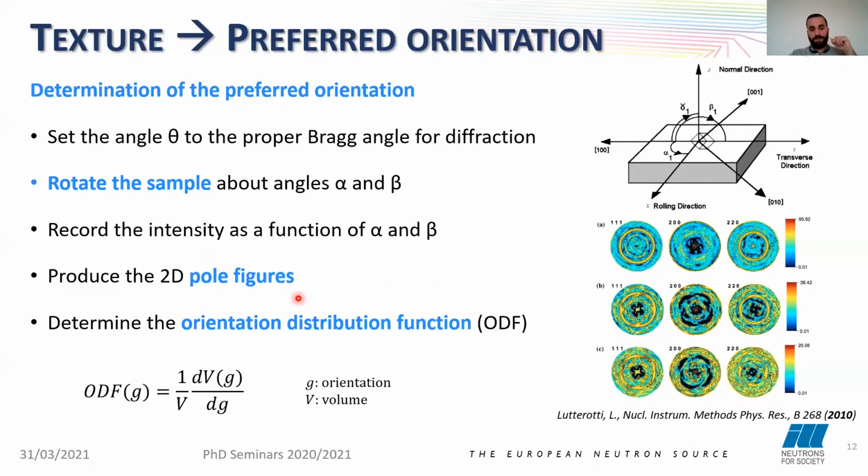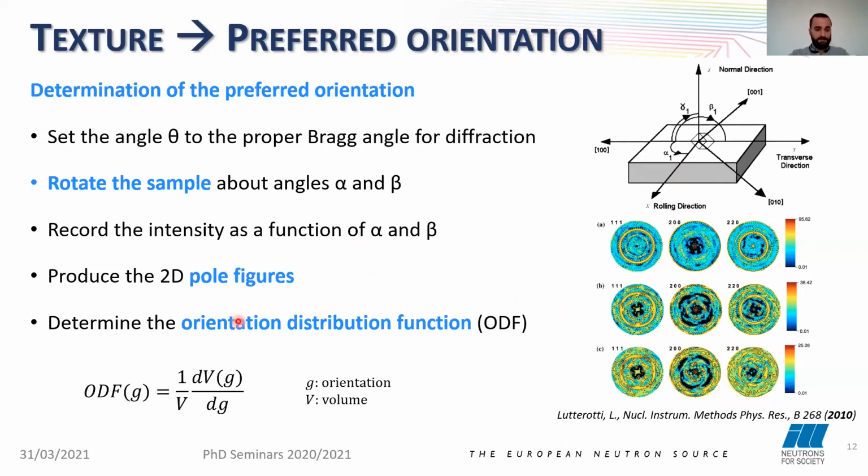This allows the two-dimensional representation of pole figures. Basically, a pole figure is a two-dimensional representation that shows the variation of the intensity with the angles alpha and beta. And this intensity recorded at a certain sample orientation is directly proportional to the volume fraction of crystals that are in the diffraction condition.